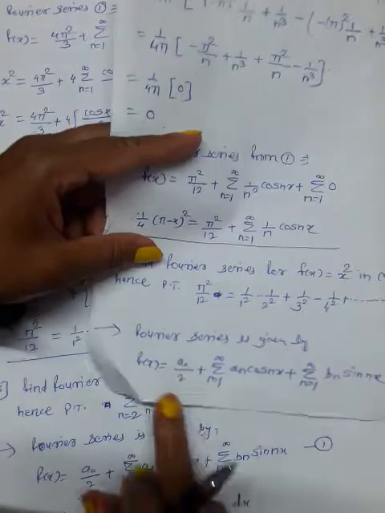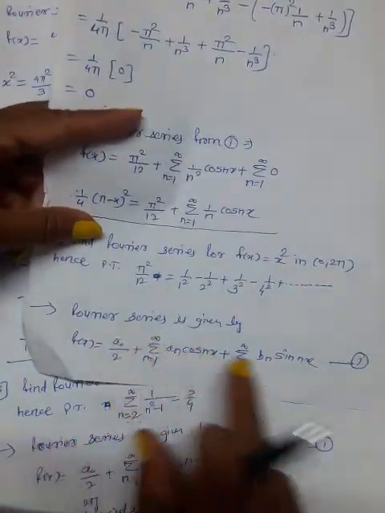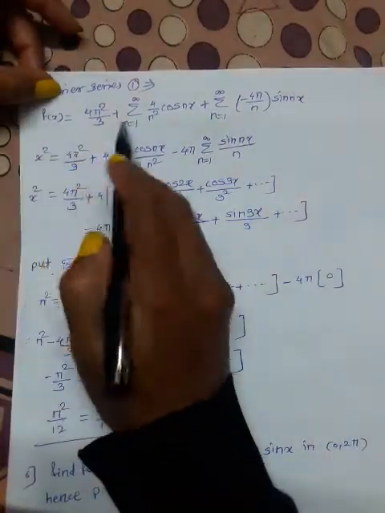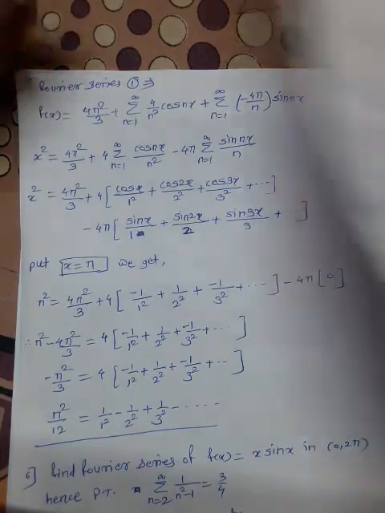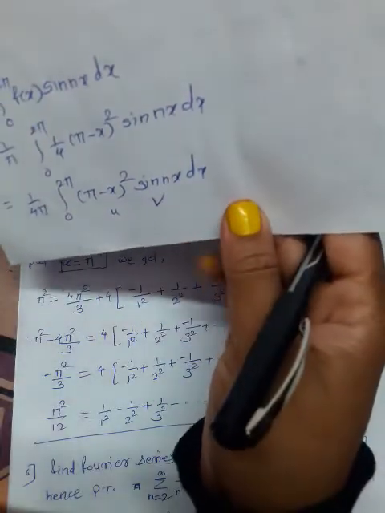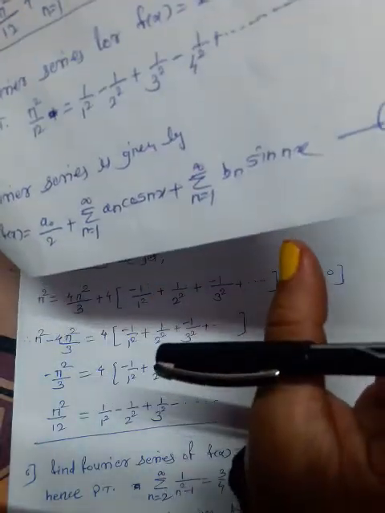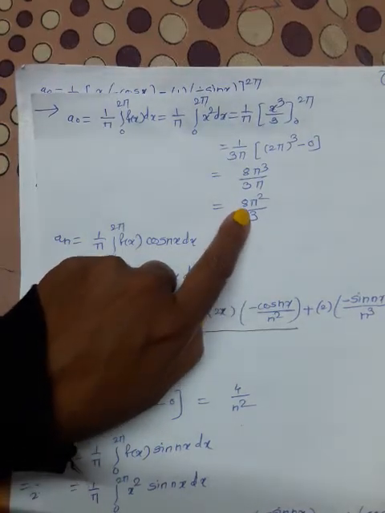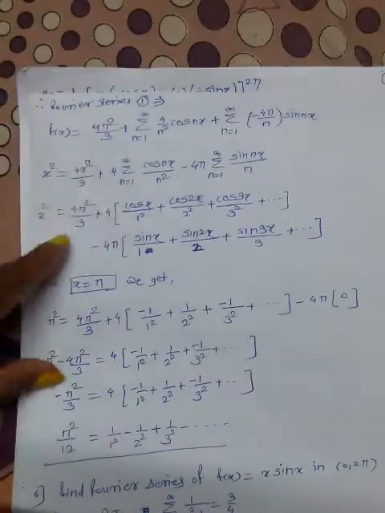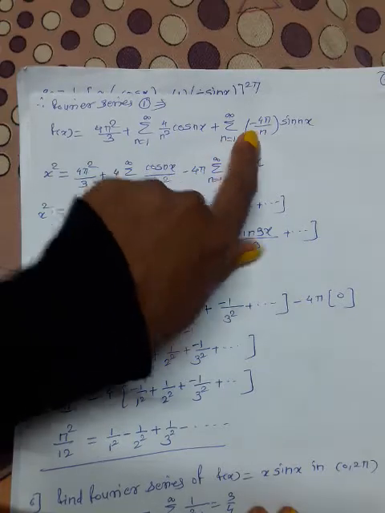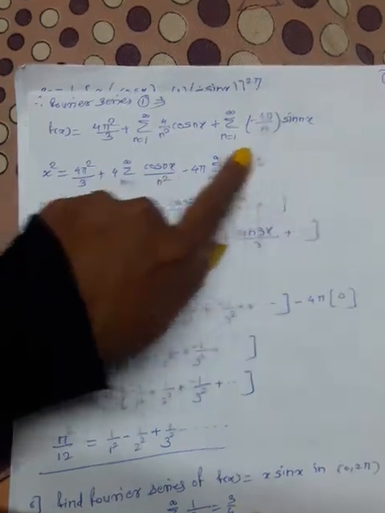It becomes f(x) = a0/2. a0 is 8π²/3 divided by 2, which means 2 fours are 8, so 4π²/3, plus the summation of an, which is 4/n² cos nx, plus the summation of bn, which is −4π/n sin nx. This is the final answer.